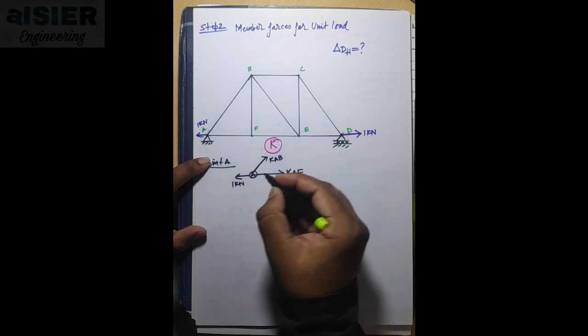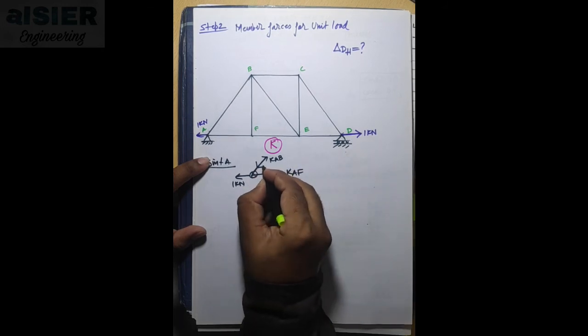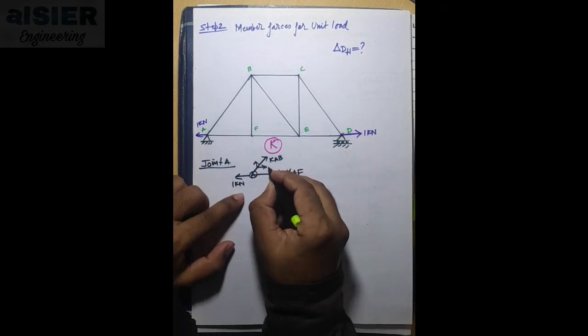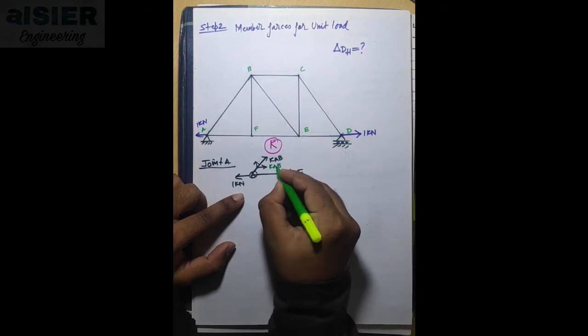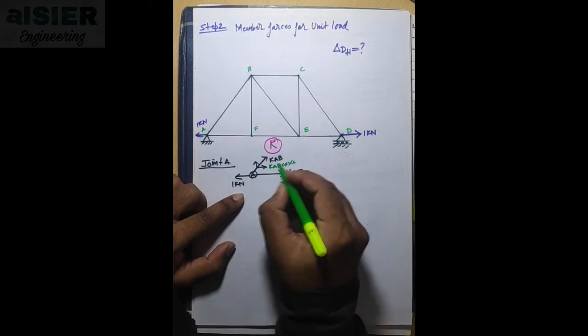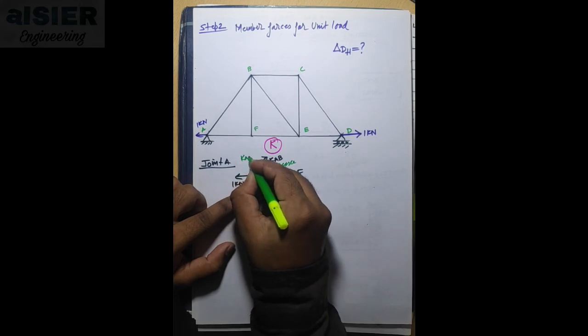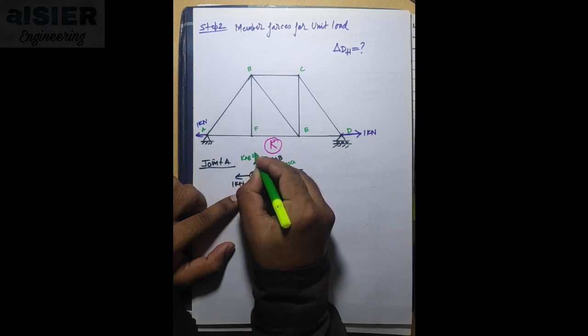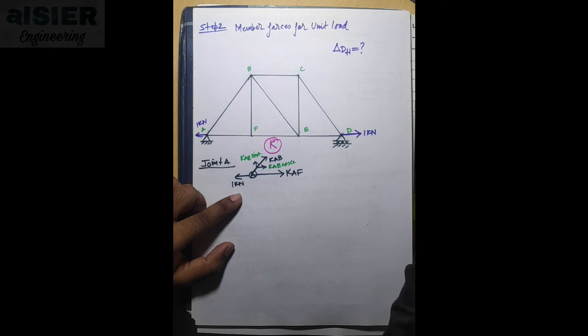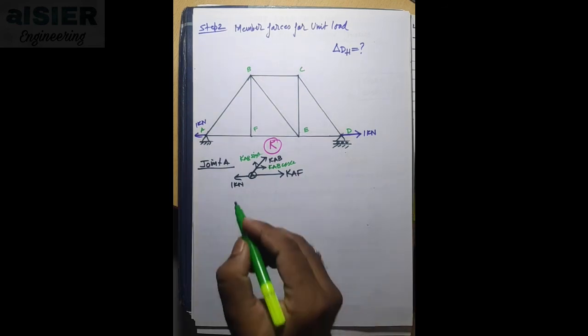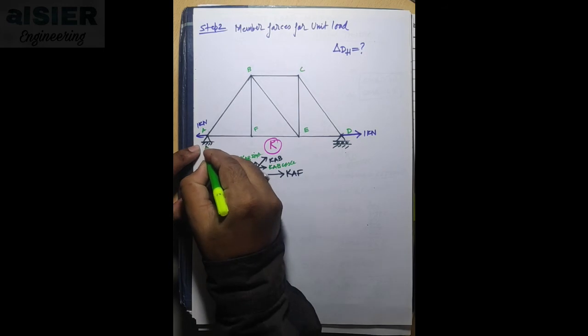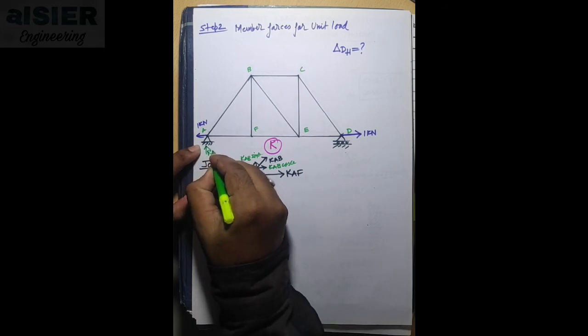There will be two components, so this is KAB cos theta and this is KAB sin theta, right? Okay, now from this diagram, the reaction at this point, that is RA, is equal to 0, right?